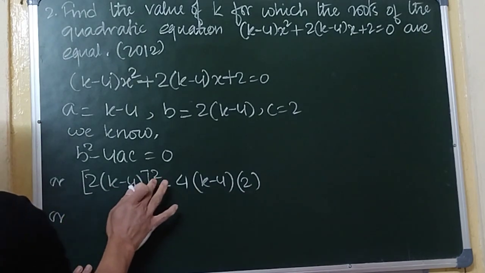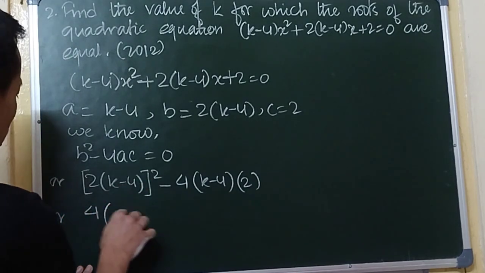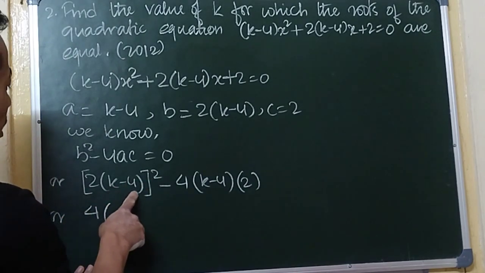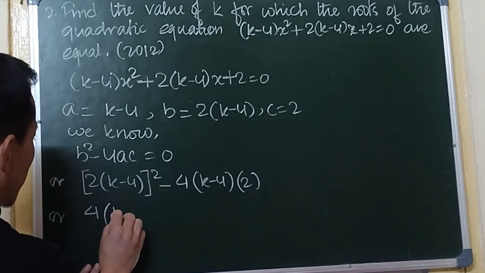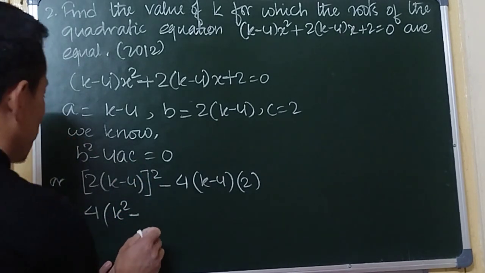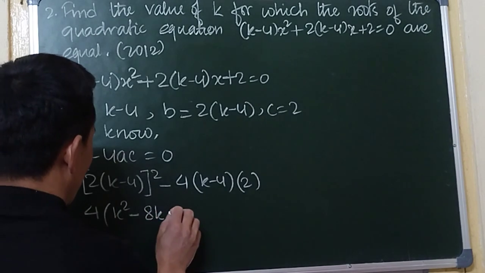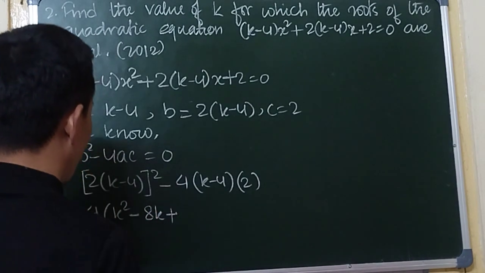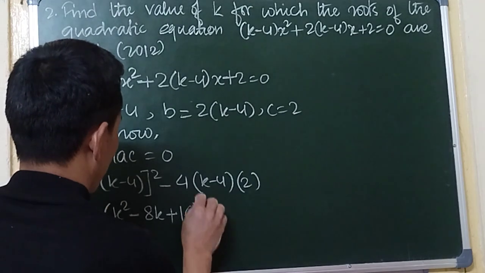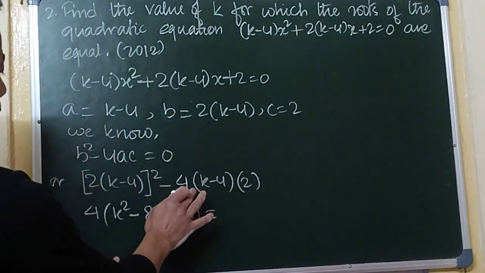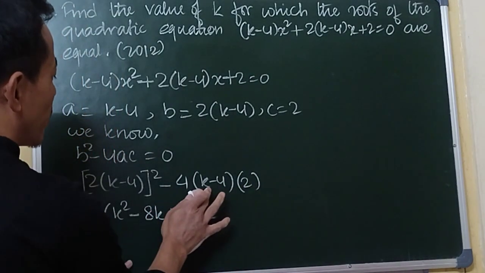So here 2 whole square becomes 4, and then this will be in the form of a minus b whole square. So you can expand this, a square minus 2ab plus b square, so it will become 4 of k square minus 8k plus 16. On the right hand side, 4 into 2 is 8. Open the bracket with 8.